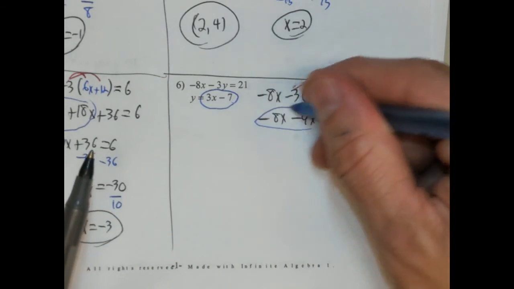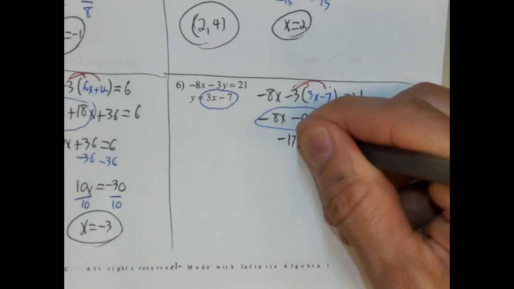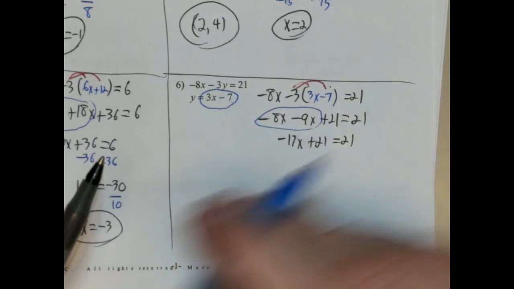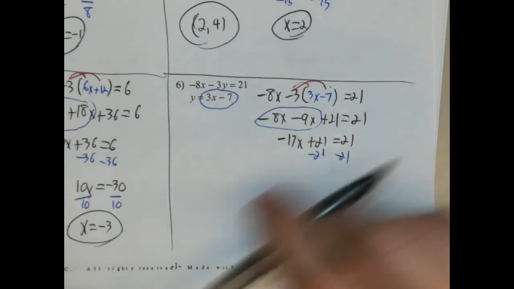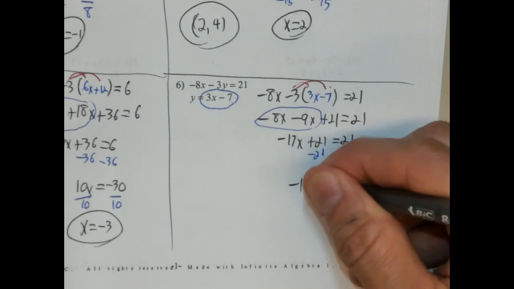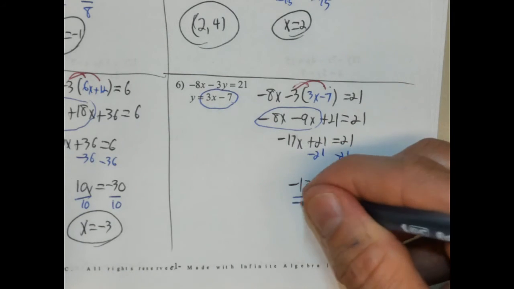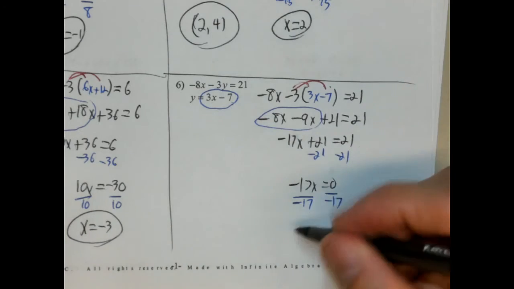Let's combine like terms. So negative 8x minus 9x will be negative 17x plus 21 equals 21. Oh, we see where this is going. Subtract 21 from both sides. Negative 17x equals 0. So I think those keen-eyed at home can already figure out what x has to be equal to. X will be equal to 0.